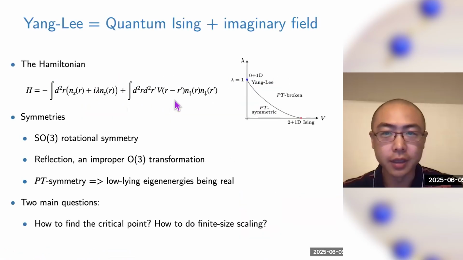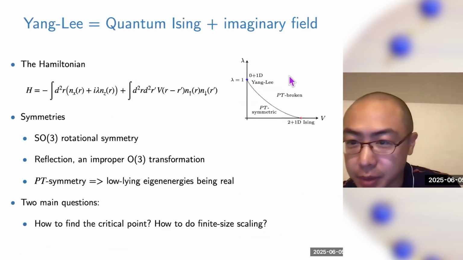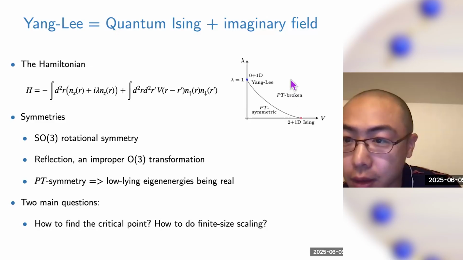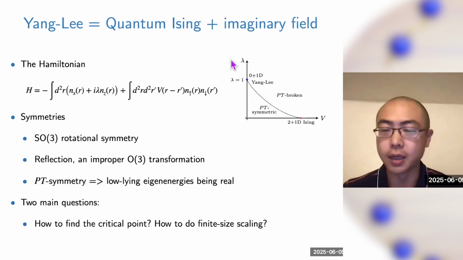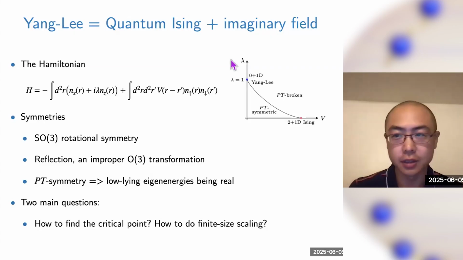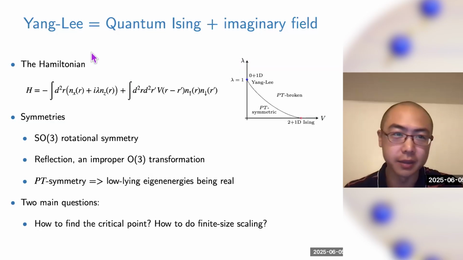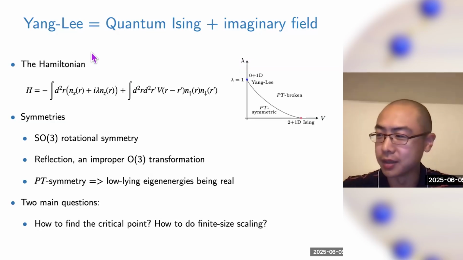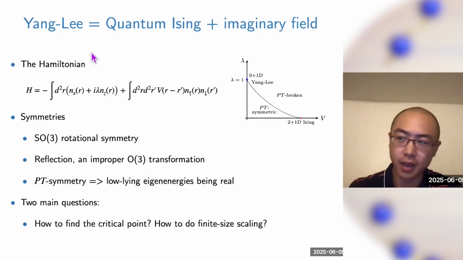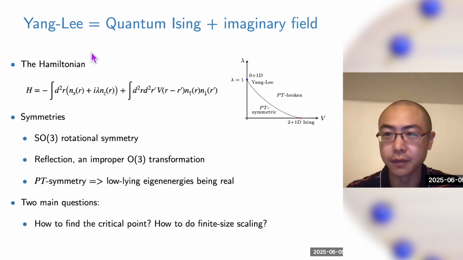As we have seen in the very nice introduction session, from the Hamiltonian perspective, the Yang-Lee problem is the same as just the quantum Ising model in the presence of an imaginary magnetic field.